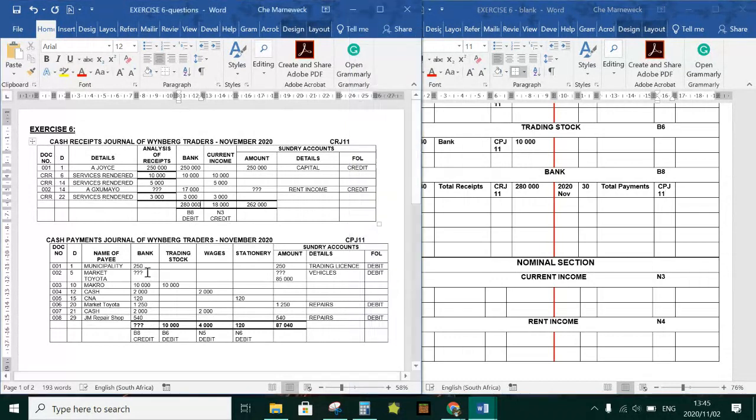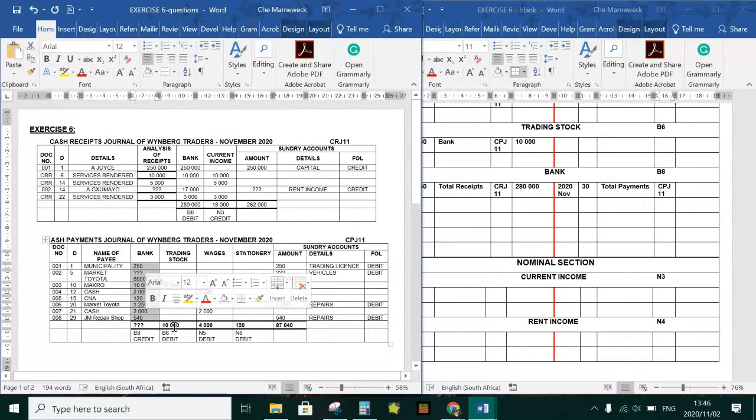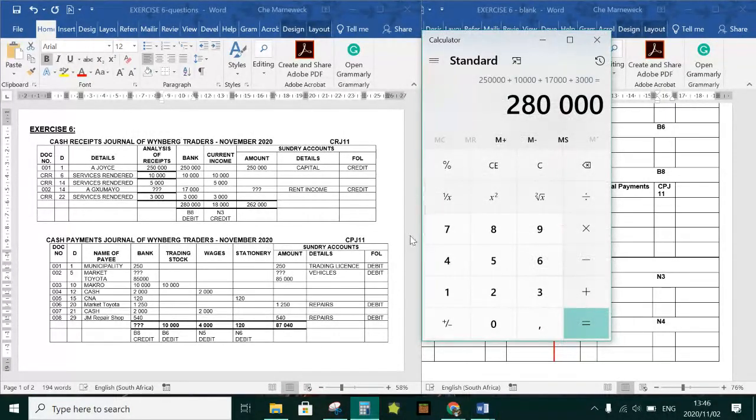So vehicle we worked out to be 85,000. So we're going to either add all these values down or add all these values across. And if I add across, I'm only having to punch in 4 numbers. So that's the quicker method.